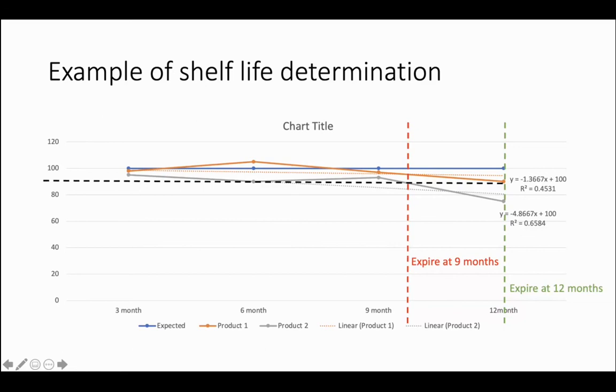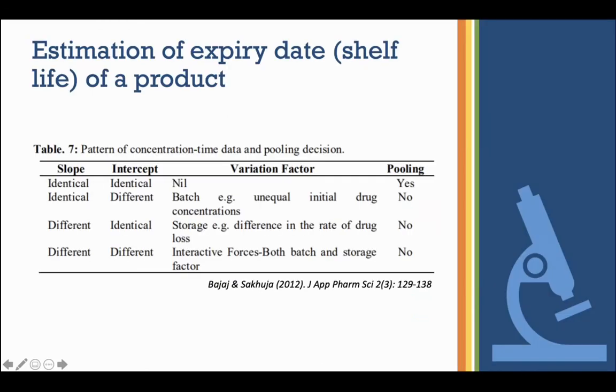Whilst for the grey dotted line, it gives a higher R squared value, with the same C value and a different M. Based on this graph and this data, you can match them into this table.